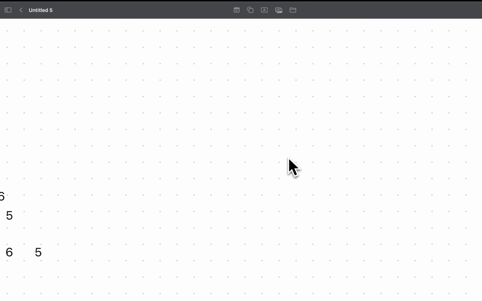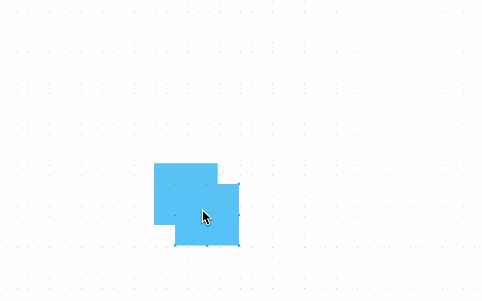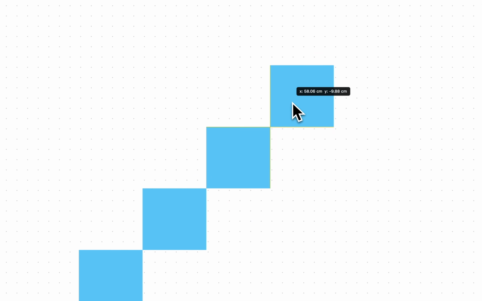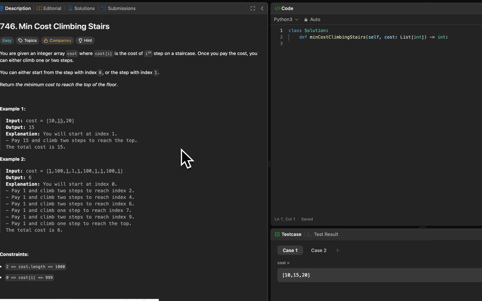Let's see. And let's have a stairs. I'm just representing a stairs, something like this, but it does not mean they are all the same. Okay, the costs are 10, 15, 20. Okay, let's have this. Cost is this.